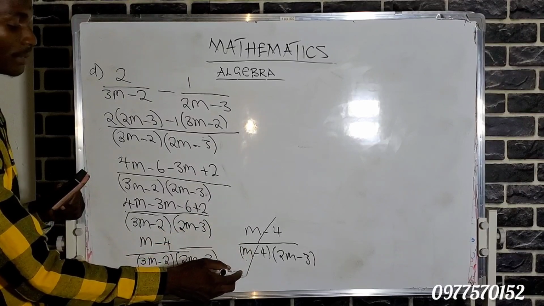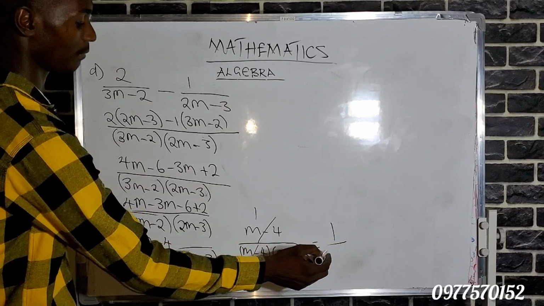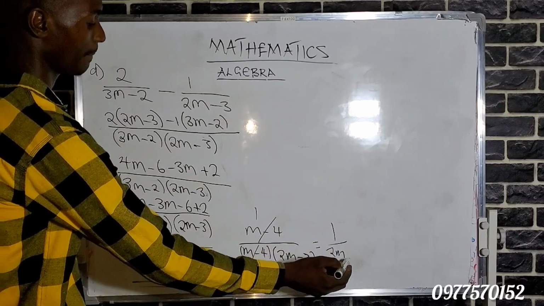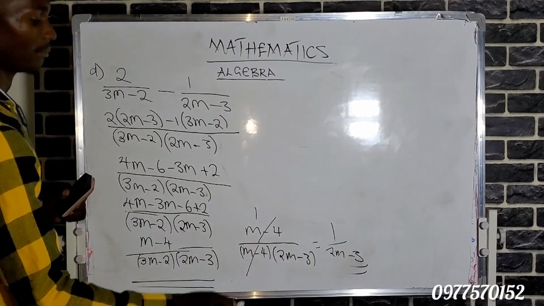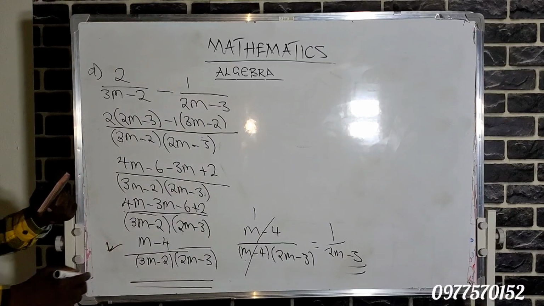On top we just remain with 1. The answer would have been 1 over (2m - 3). But this is not the case. So this is the final answer.